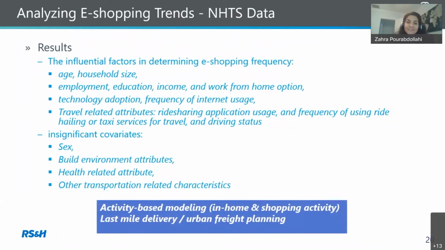Based on the available data, online shopping is well embraced by the American population. However, as the results showed, there are some variations in adoption of online shopping based on age, income, education, adoption of technology, and travel preferences.